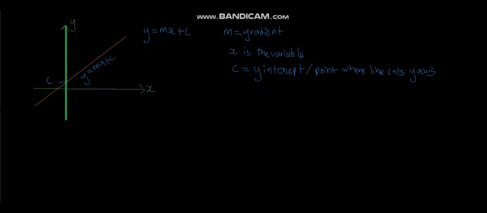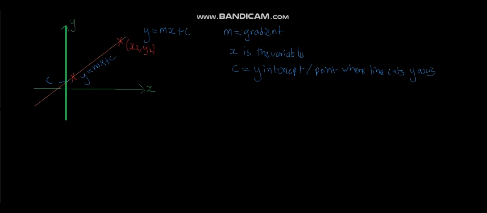Now the gradient is given by using two coordinates on the line highlighted by the x's in red. Let's call this coordinate x2, y2. This is standard mathematical notation.